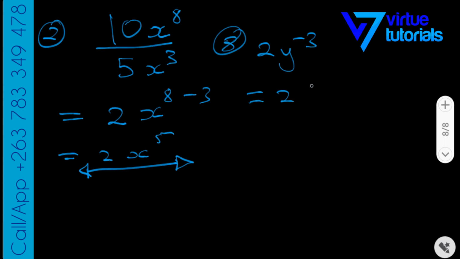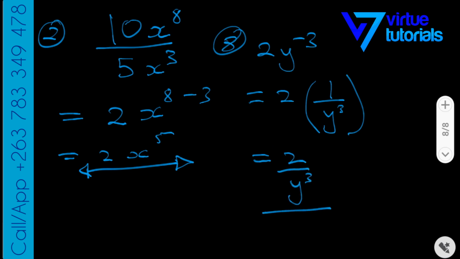So 2 will remain the same, but y will be inverted and the power 3 becomes positive. So it's now 2 times 1 over y to the power 3. 2 multiplies the 1, you get 2 over y to the power 3. So as you can see, only y is inverted and only y is to the power 3.